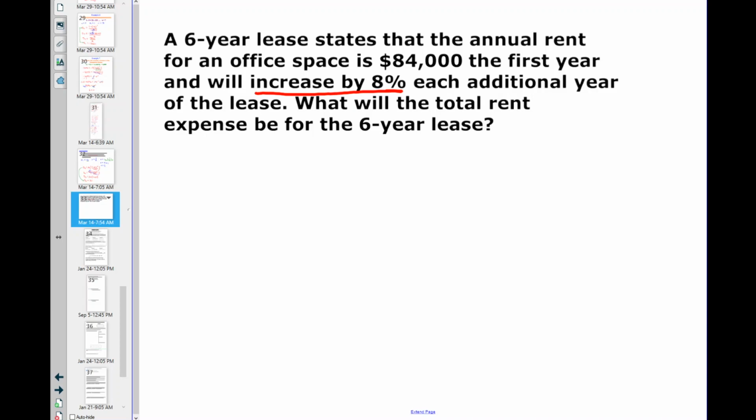But if you're going up by a percentage, it's geometric. And the common ratio, important, don't say I didn't tell you, is not 0.08, no. It's 1.08. To get it to increase, you need the 1 in front.